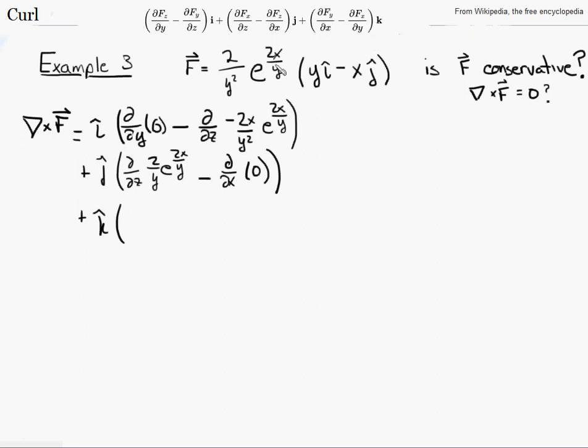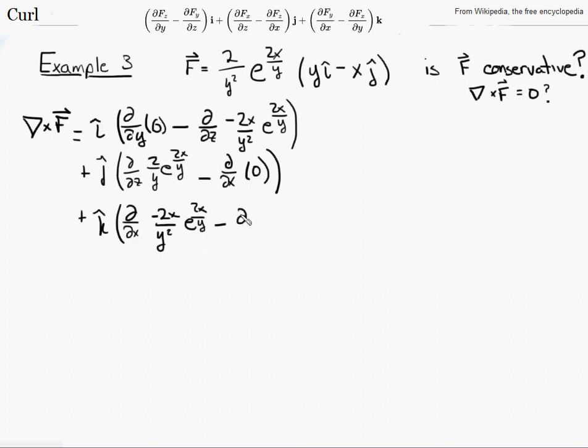To do the k hat part, it's partial with respect to x times the j hat portion. So negative 2x over y squared with the e to the 2x over y. We will have to take that derivative, and also then we did dx times the y part.